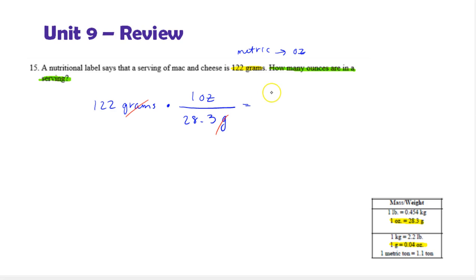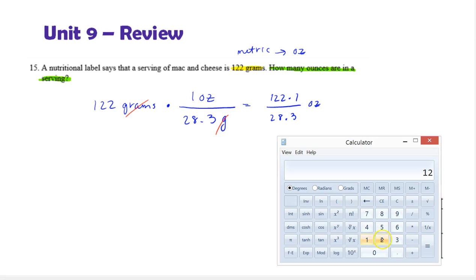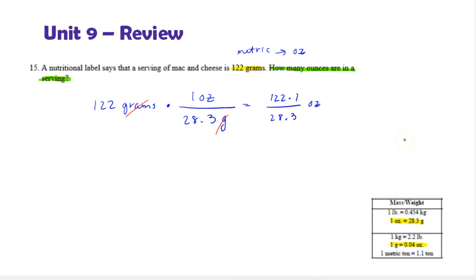And now this equals 122 times 1, which will just be 122, divided by 28.3 ounces. So let's do this division. Oops, forgot the decimal. 122.0 divided by 28.3. We'll round this to 2 decimal places, so 4.31 ounces.